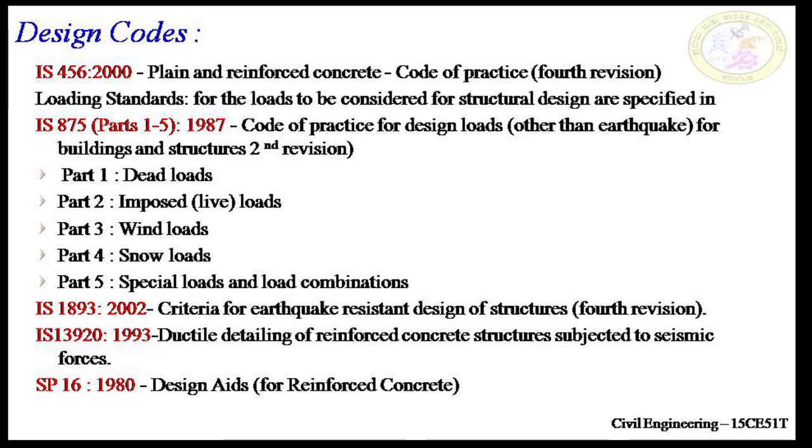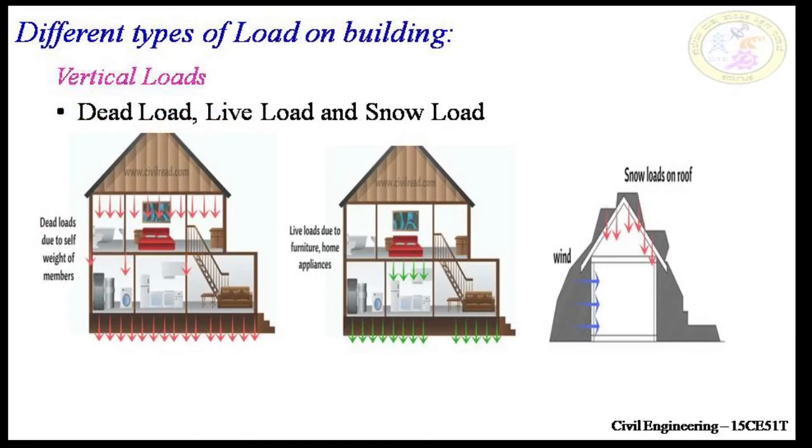For design loads, we consider IS 875 Part 1 to Part 5, 1987. For earthquake loads, we consider IS 1893-2002 and the revised version 2016. For ductile detailing of reinforced concrete, we consider IS 13920-1993. This was about the codes given in India.